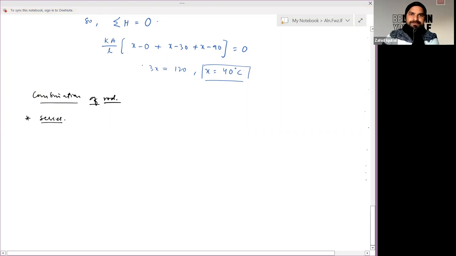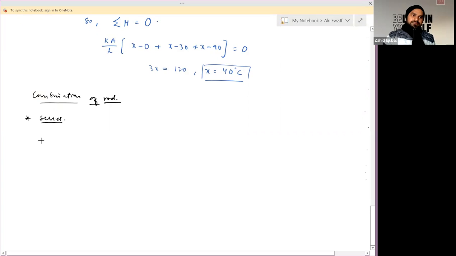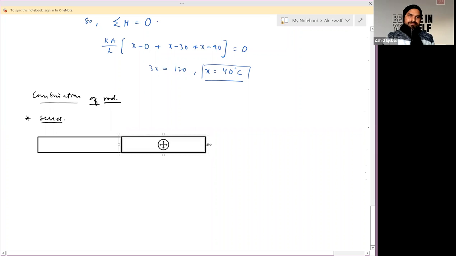Suppose this is first rod, second rod, having different length, but same area of cross section.